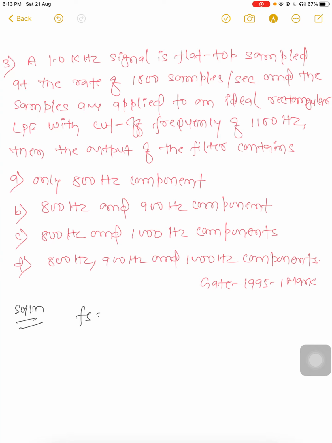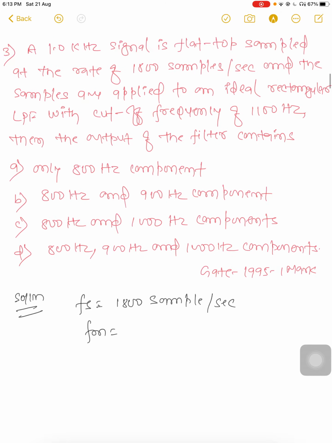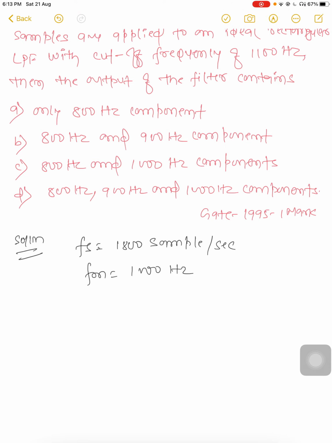The solution is: fs is given as 1800 samples per second, and fm is 1 kilohertz, meaning 1000 hertz.